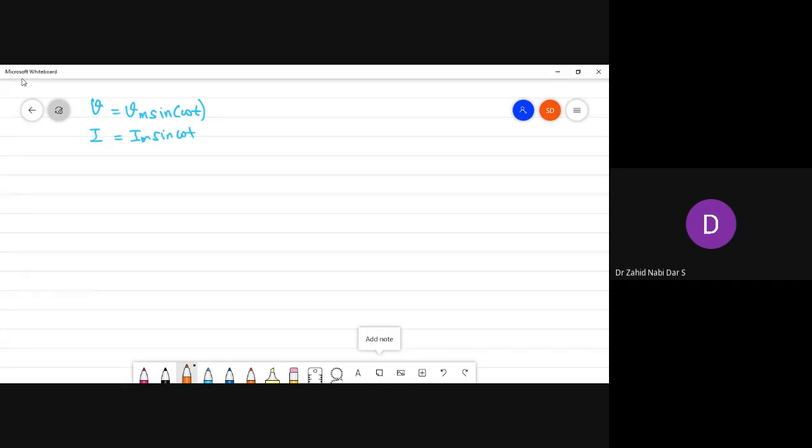But now you tell me one thing. Suppose this is my quantity. Voltage would be as it is, you have seen. This orange one is my voltage. But what I do is I start my current from this particular point. The blue one I write my current.